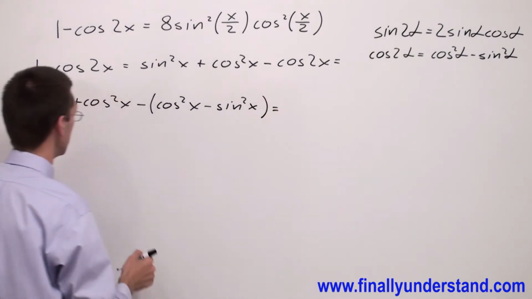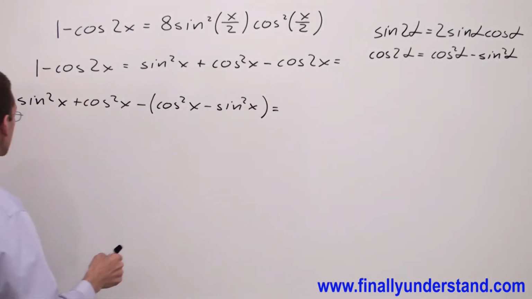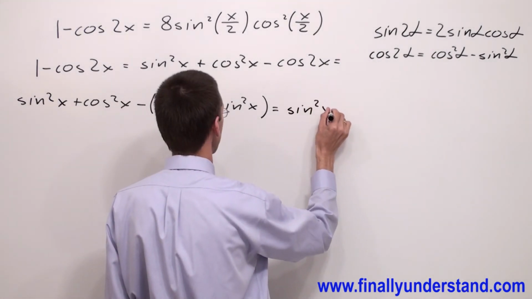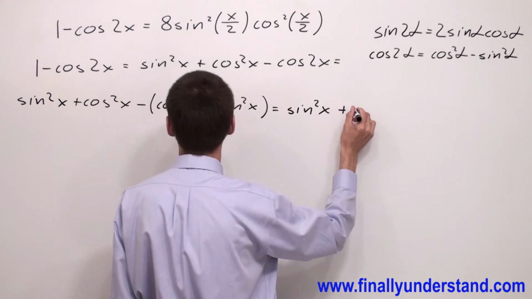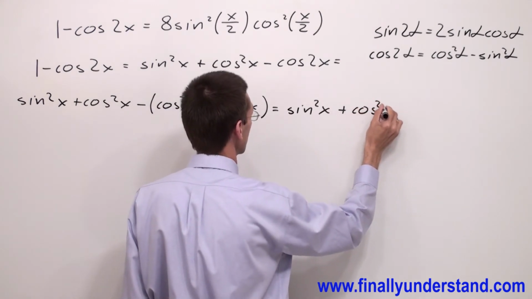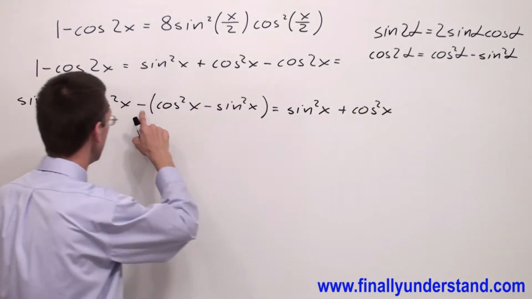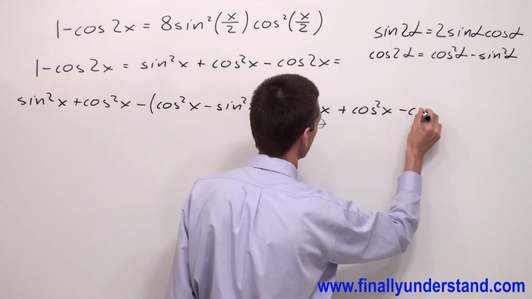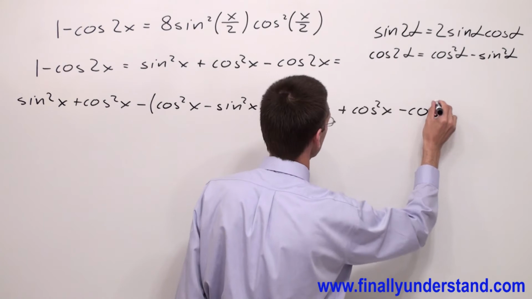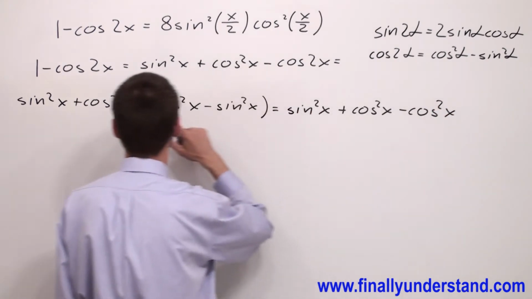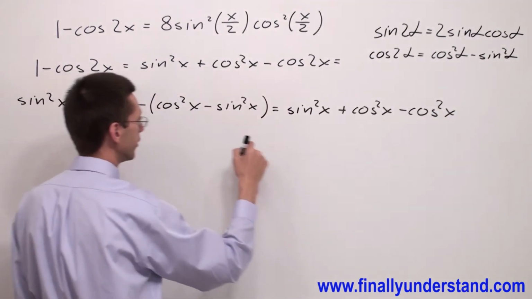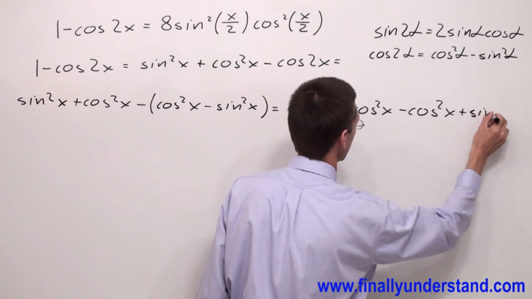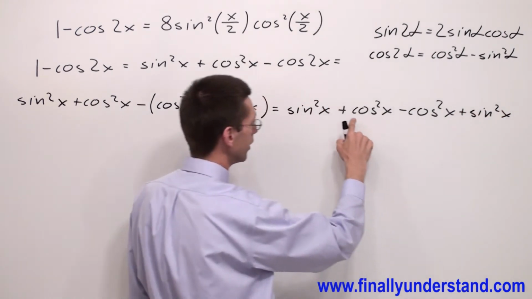And this is equal, we're supposed to remove the parentheses, we are going to have sine square x plus cosine square x, negative times invisible positive is negative, negative cosine square x, and I have negative times negative gives me positive, positive sine square x.